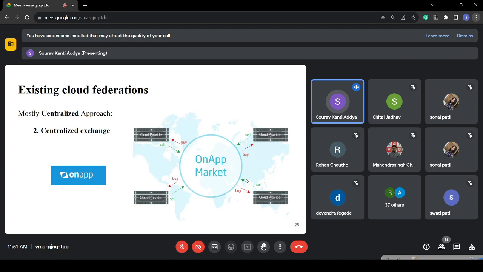One example in the cloud market providing this kind of centralized marketplace is one called on app.